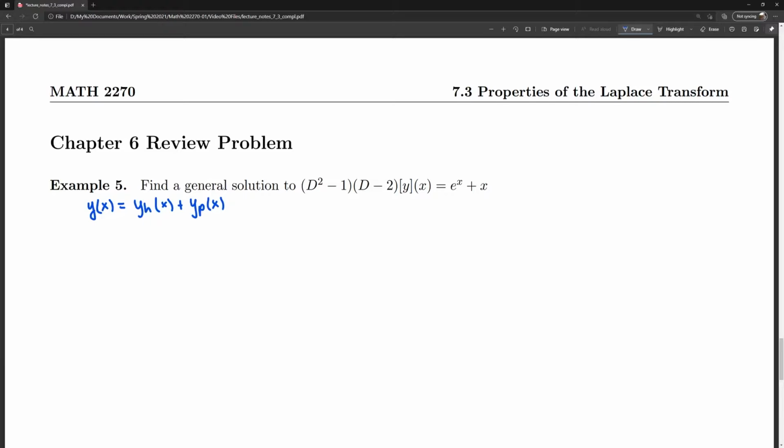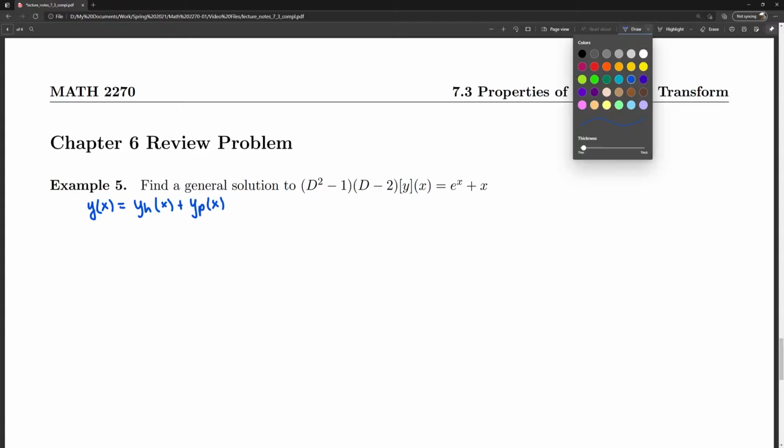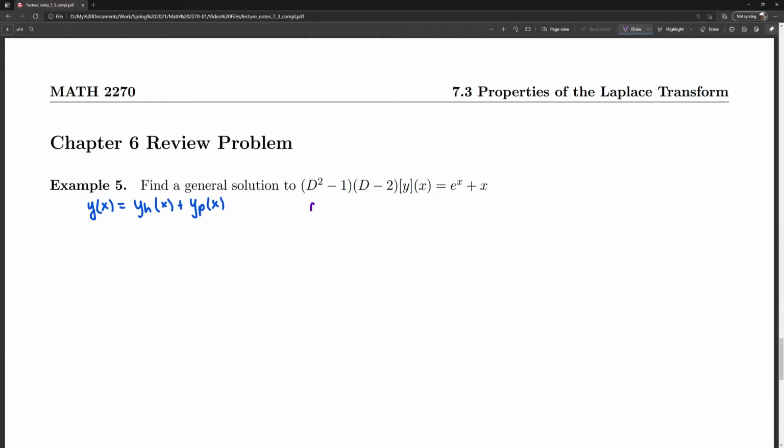So when we look at the operator notation, this directly translates to the auxiliary equation. So when you look at D squared minus 1 in a product, that means that you set r squared minus 1 equal to 0, and it means that r equals plus or minus 1. And so that takes care of this first factor.